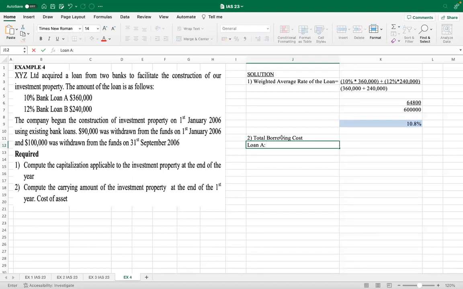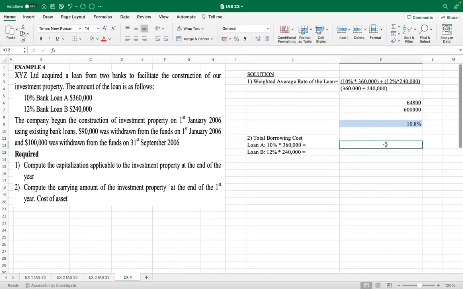For loan A, it's equal to 10% times the loan that was borrowed, 360,000. For loan B, it is 12% times 240,000. 240,000 is the amount that was borrowed. So the total interest that you will pay to bank A is 10% times 360,000.